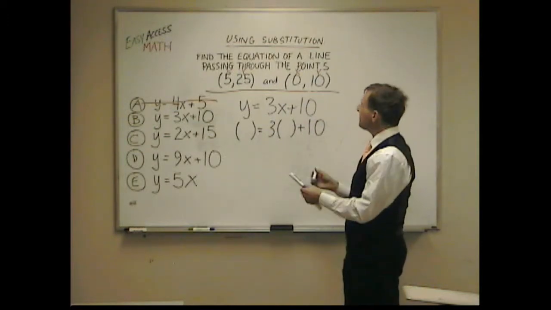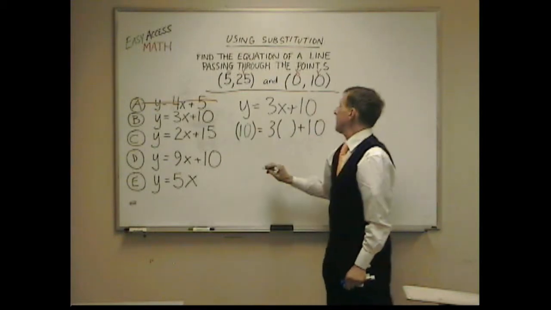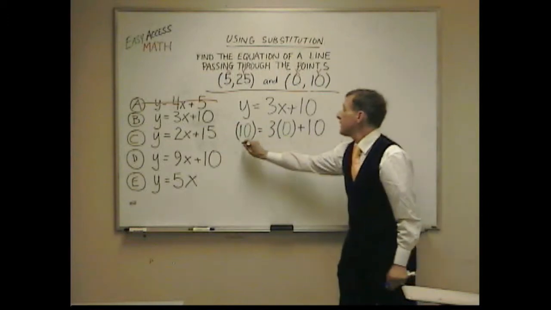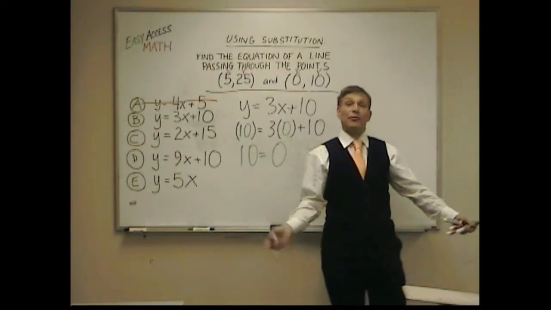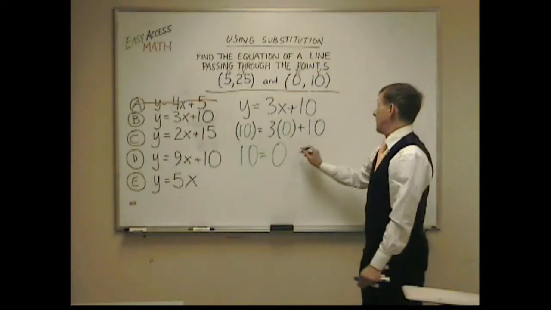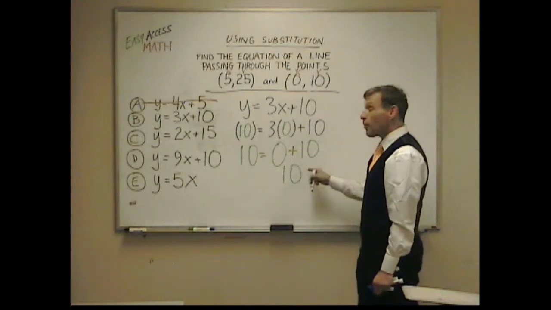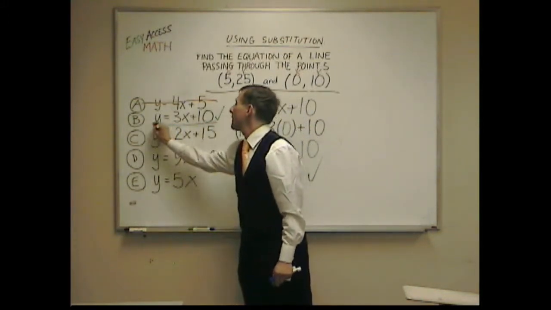And this time, I have 10 equals 3 times 0 plus 10. 10 equals 3 times 0, anything times 0 is 0, plus 10, 0 plus 10, 10. Hey, that worked for both. That is my answer.